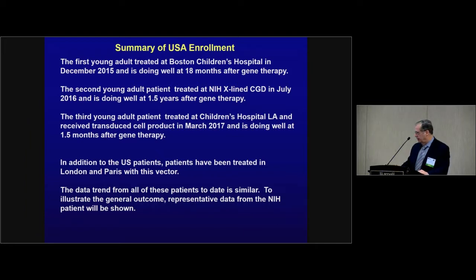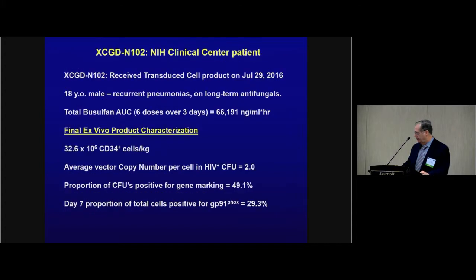Then at Children's Hospital in LA, a third patient is early after treatment. In addition to the US patients, patients have been treated in London and Paris with this vector, and the data trend in all of the patients is surprisingly similar. So I'm just going to use the US patient as an example.